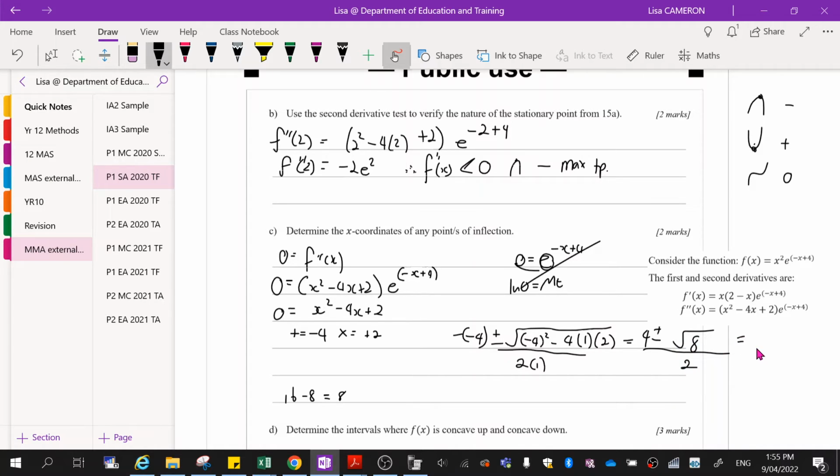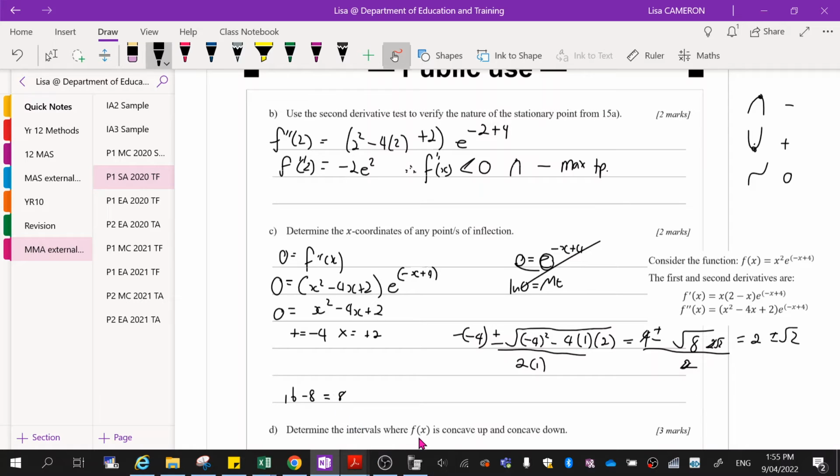Now this can be simplified: the 2 will cancel with this, and then root 8 can be expressed as 2 root 2, so that can cancel out with the 2 as well. So it can just be 2 plus or minus root 2 as our two solutions. If you're having trouble with this, then you need to practice your quadratic formula a couple more times because it's definitely a good one to know.